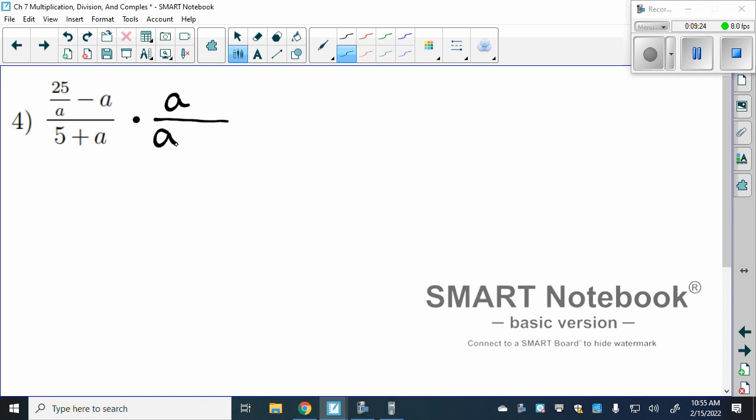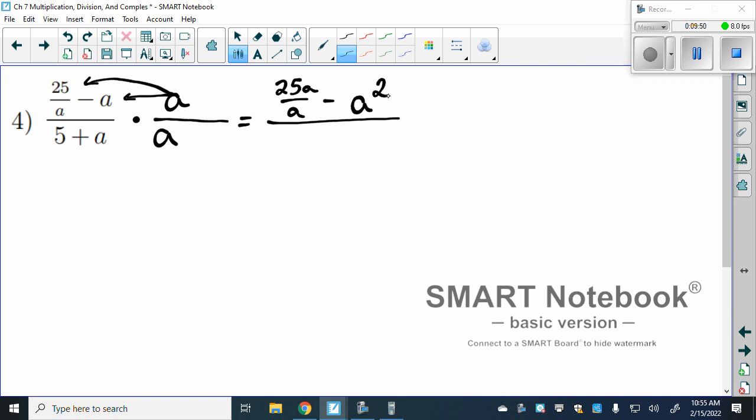A over A. Well, A times 25 over A is going to be 25A over A minus A squared.